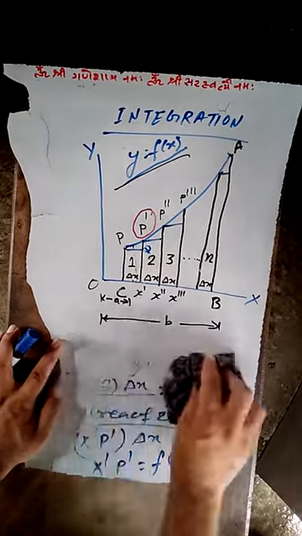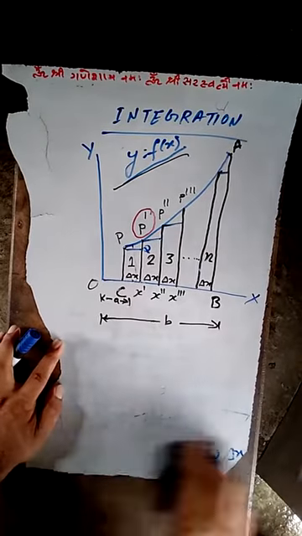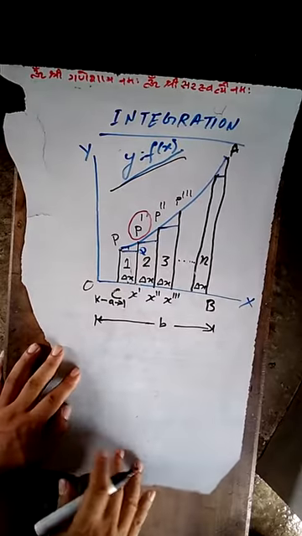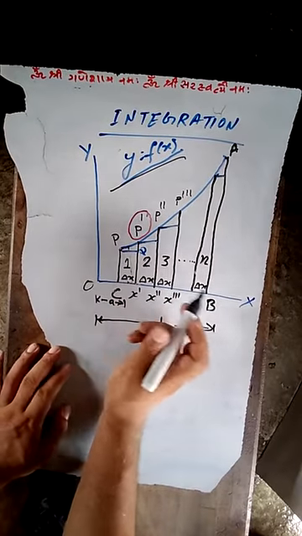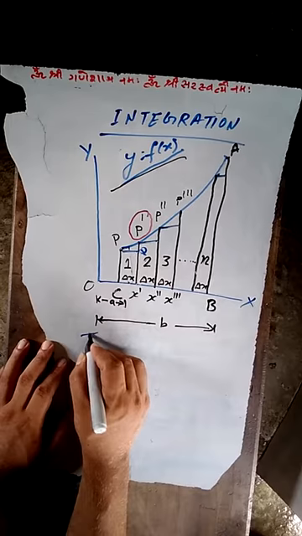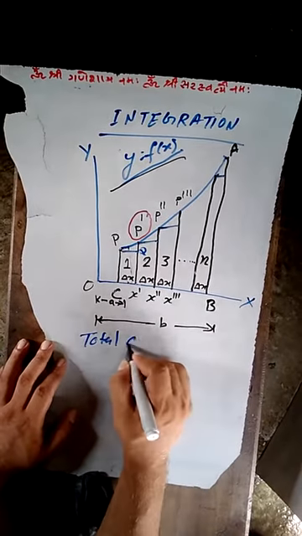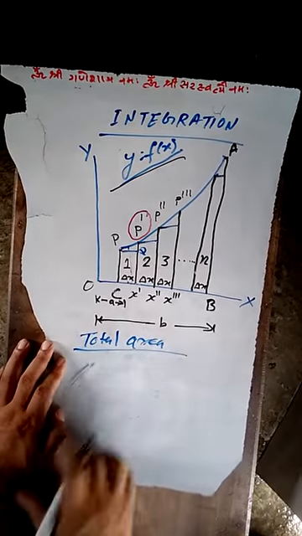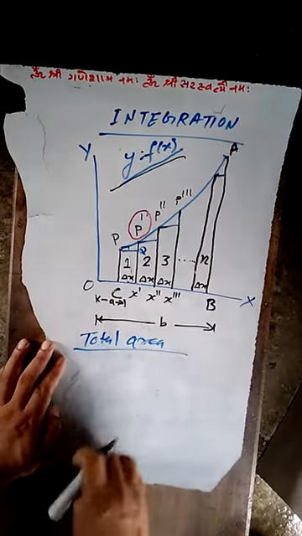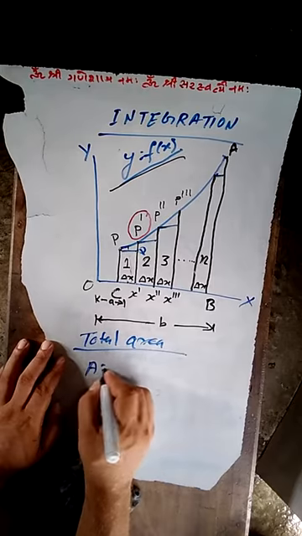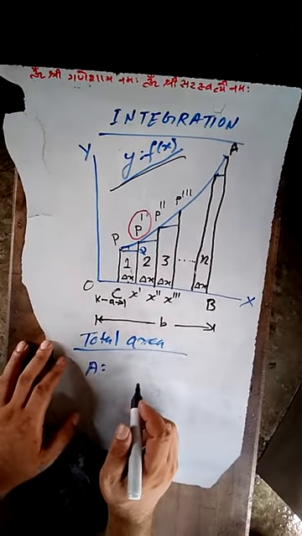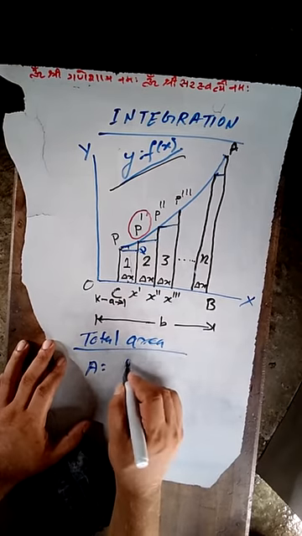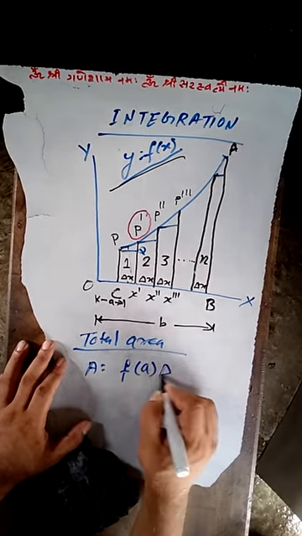So if we have to find the total area, then what will happen? The sum of first, second, third up to n. So the total area A will be what? The area of the first is fa into delta x.